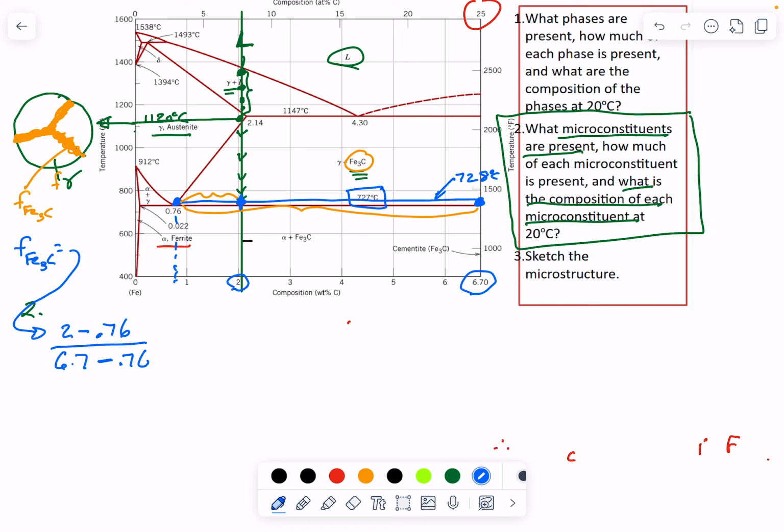And why did I choose 0.76? Because that's where the tie line hit at 728. All right, so 2 minus 0.76 divided by 6.7 minus 0.76 is equal to 0.21. So that is the fraction of the material that is Fe3C at 728. And therefore, we've got 0.79 of it, or 79%, that is the fraction that is still gamma at 728.